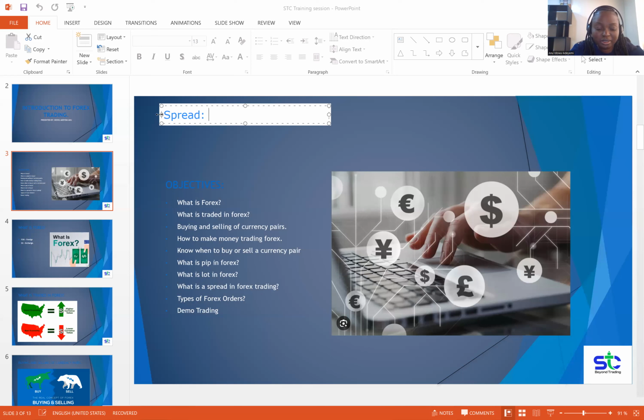Spread can be defined as the fee, or charges, that you pay for taking a trade.